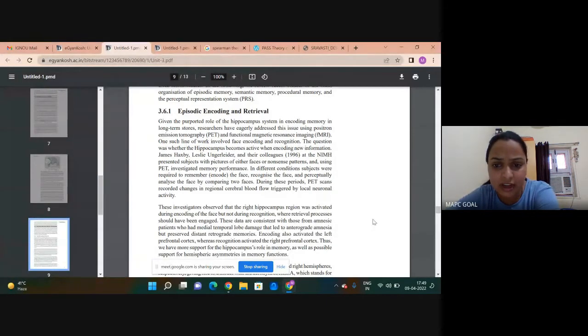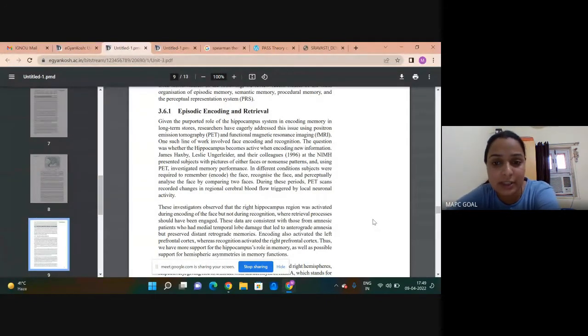There are studies conducted by James Haxby, Leslie Ungerleider and their colleagues, 1996, where they used PET to understand where we remember, how we encode faces, how we recognize faces, and perceptually how we analyze or compare two different faces.